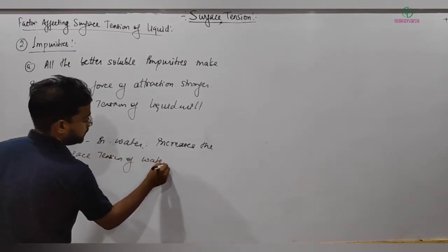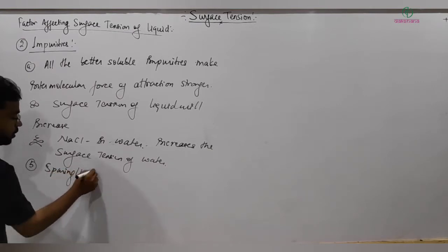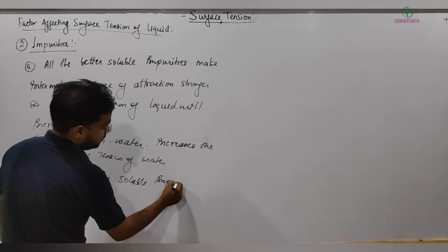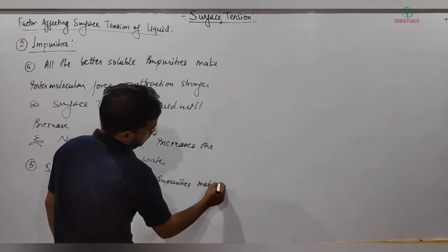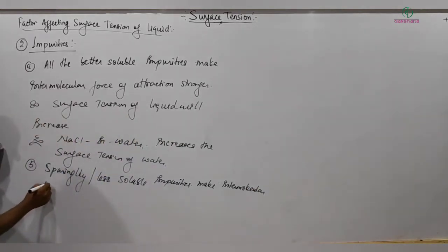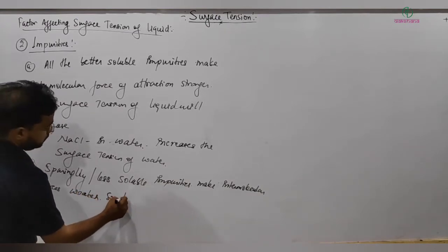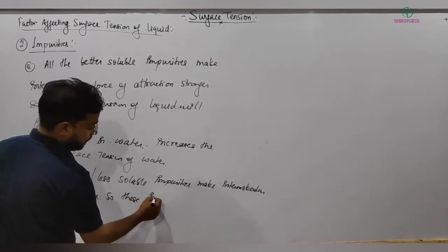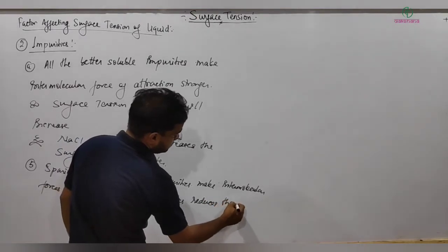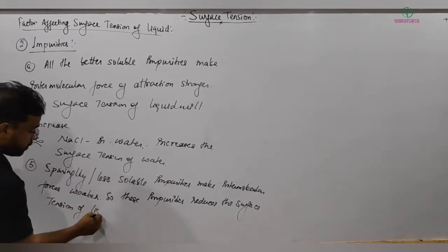of water. Similarly, next case, you can say sparingly soluble, means less soluble, impurities make intermolecular force weaker, so these impurities reduce the surface tension of liquid.